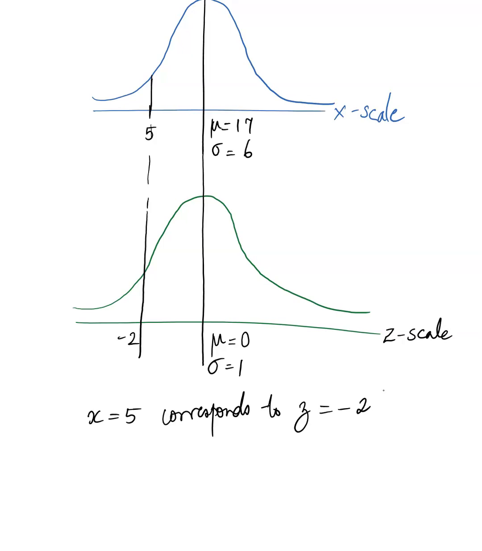And also what's striking about the -2 is the negative value automatically tells you that it's on the left of the mean, right? On the other hand, on the x scale, you couldn't tell that because 5 and 17 both are positive. So you really can't tell unless you realize, well, mu, the curve is centered at 17, therefore 5 is to the left of it, so it's kind of negative implication there.